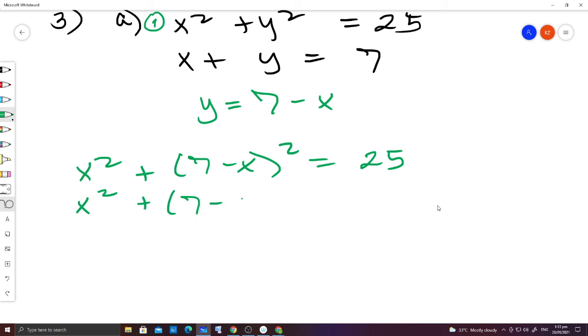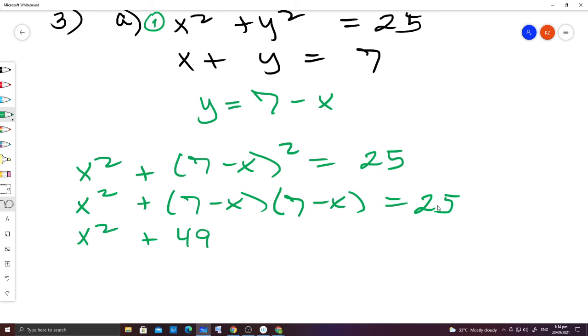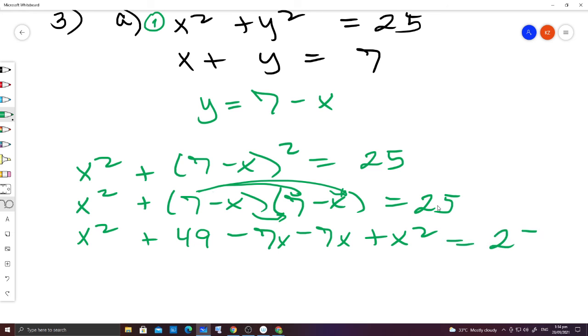So we have 7 minus x times 7 minus x equals 25. x squared plus 49 minus 7x, and then this one also minus 7x plus x squared equals 25.